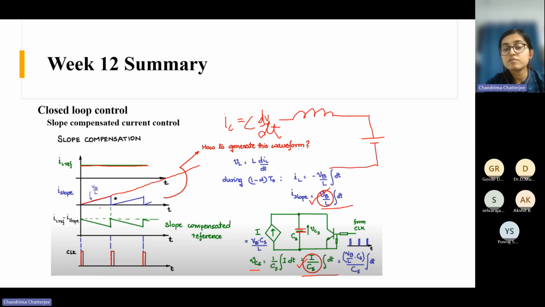So for resetting, we have this switch. If you turn this switch on, the capacitor will discharge and the voltage comes down to 0, and again it starts rising. You may add a series impedance here to limit the current.